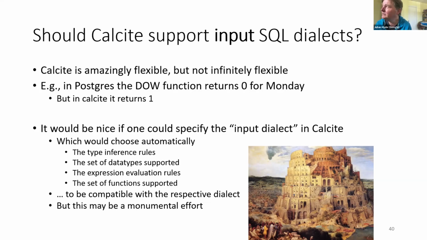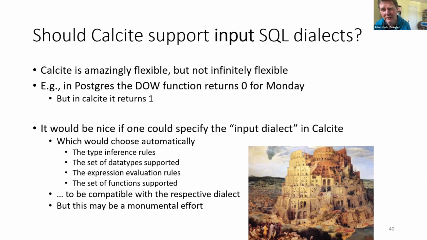And the day of week function, that's kind of an omission. The way we model that is just to say that if you're using the Postgres day of week function, it's just a different function than the Calcite day of week function. We have a few cases where functions have just different behaviors, and so we just model them as two different functions with the same name, and you choose which one you want to use.